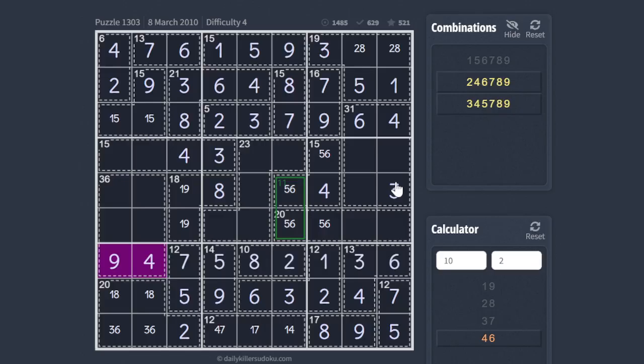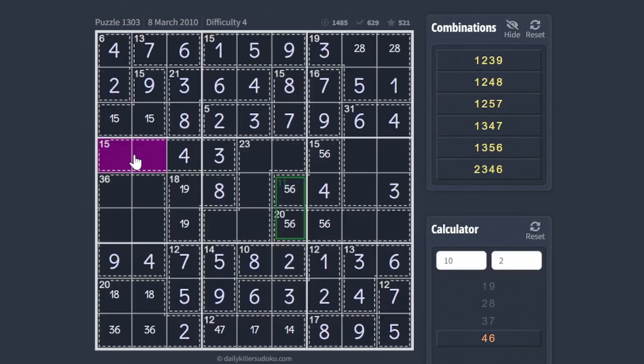And we also know that, let's see, because of this 2, I've missed a step.